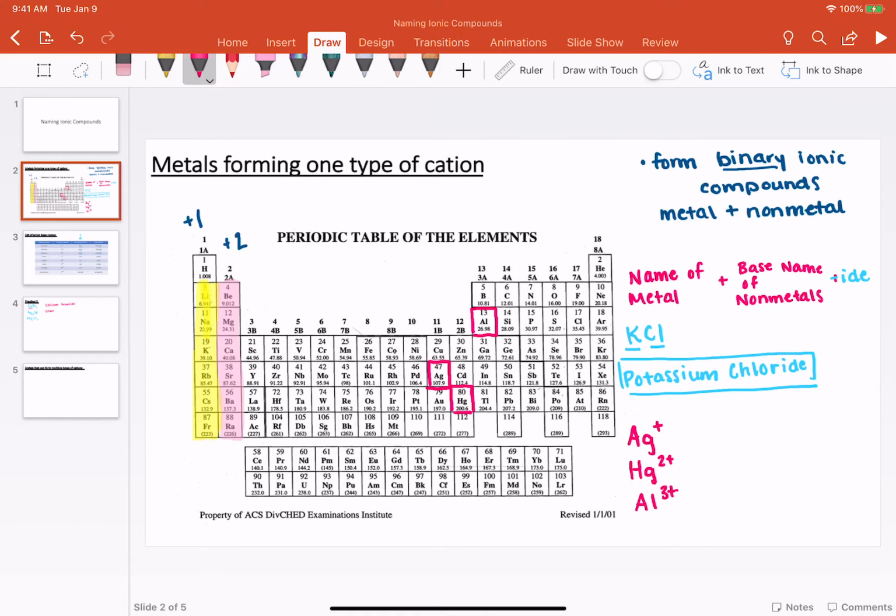And Al is known to form a 3+ cation. So those are a couple extra ones, a couple exceptions to our group 1 and 2 rule. And these ones are going to be some of the ones we come across more often in this class.